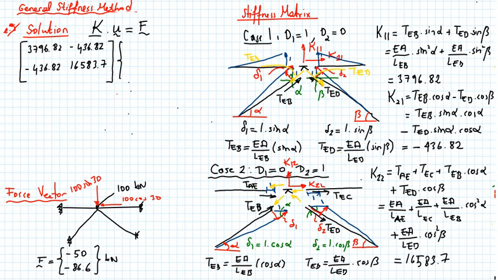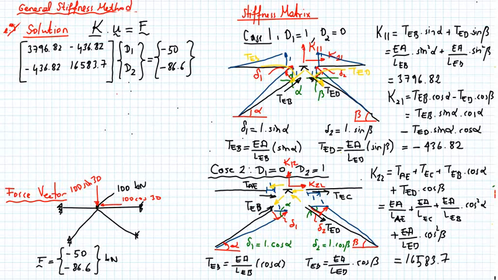and I got D1 vertical translation, D2 is the horizontal translation, and that should give me the unbalanced forces, minus 50 and minus 86.6.